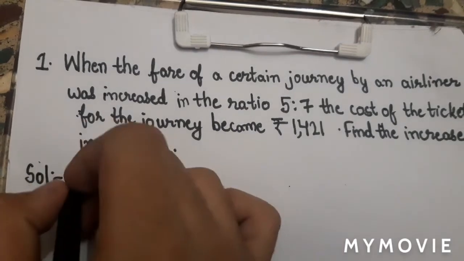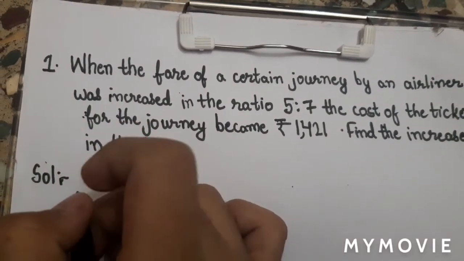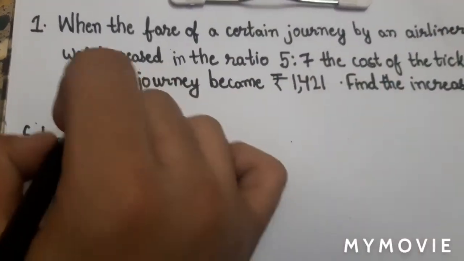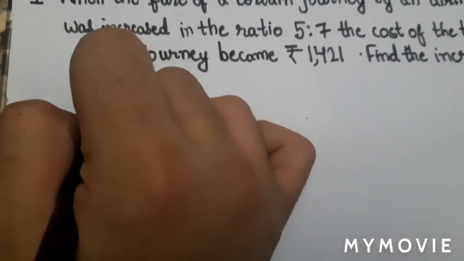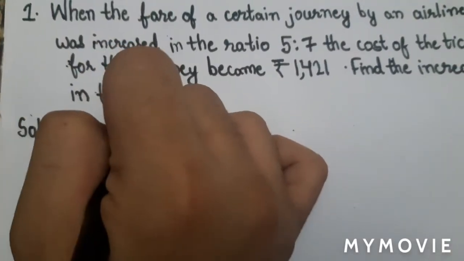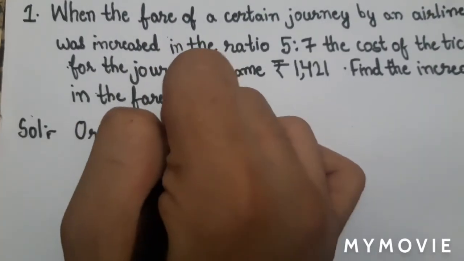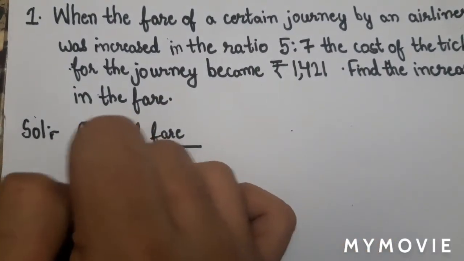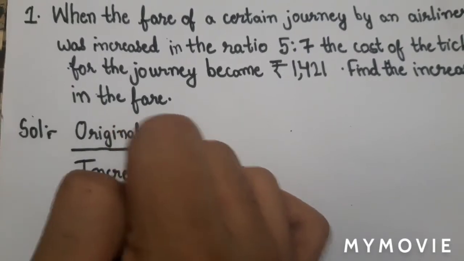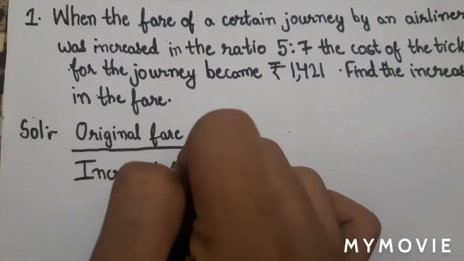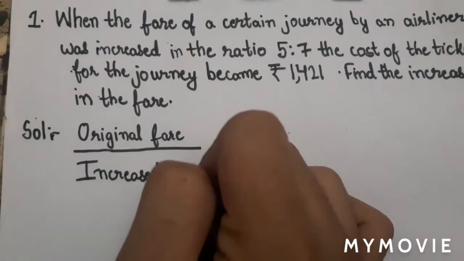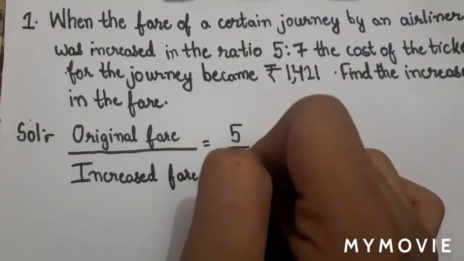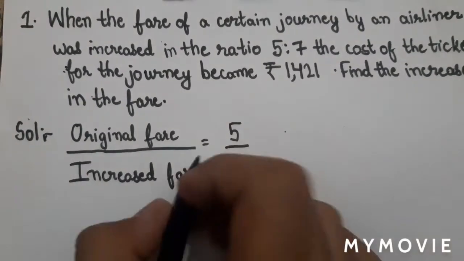So friends, here we are provided the ratio of the original fare and the increased fare. So now cross multiply it.